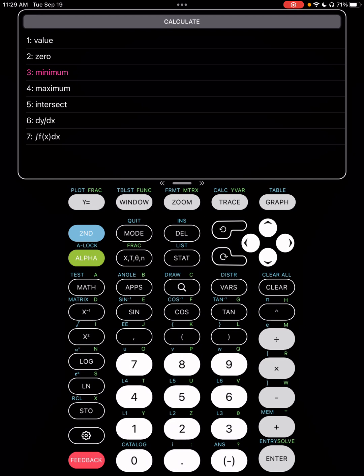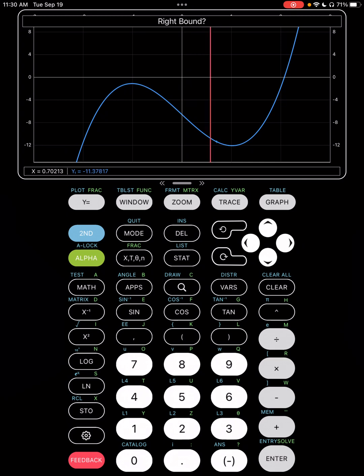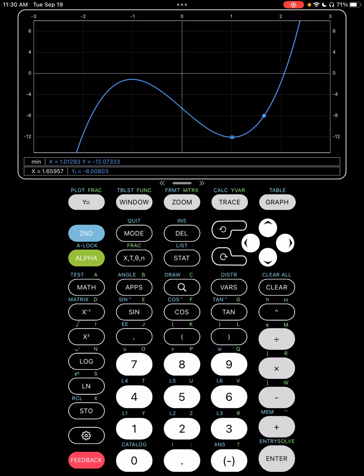If you see at the top of the screen, it says left bound. So we're going to use our arrows to target where I think that is. If you can see that little cursor moving back and forth, I'm going to say enter, that's my left bound. Then I'm going to move my cursor and hit enter to tell it that's my right bound. So it told me I was looking between those two lines.